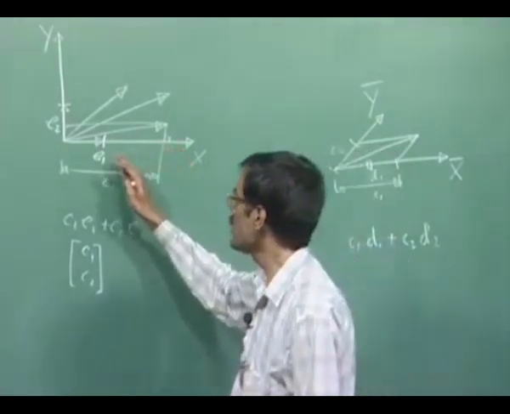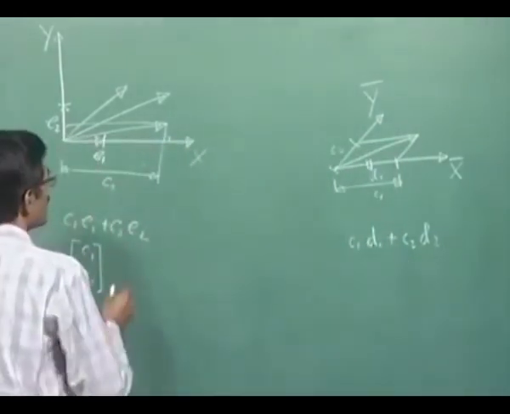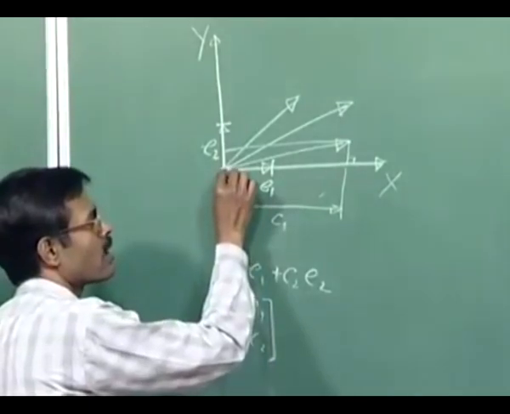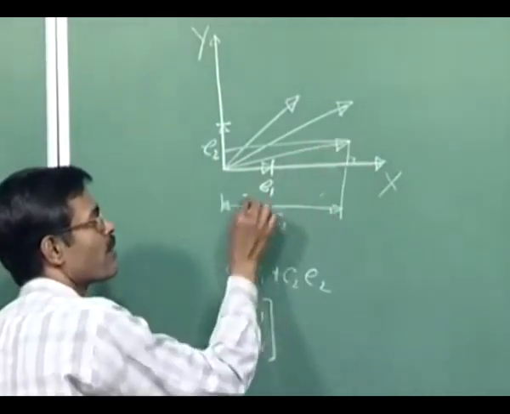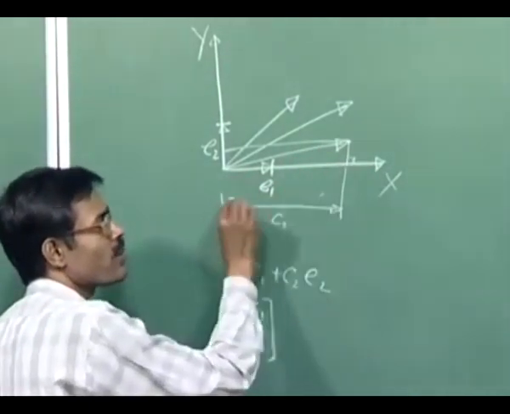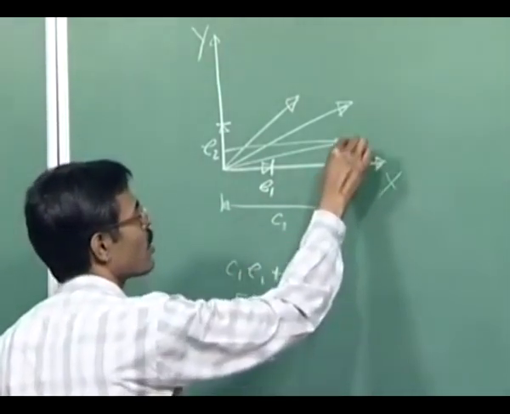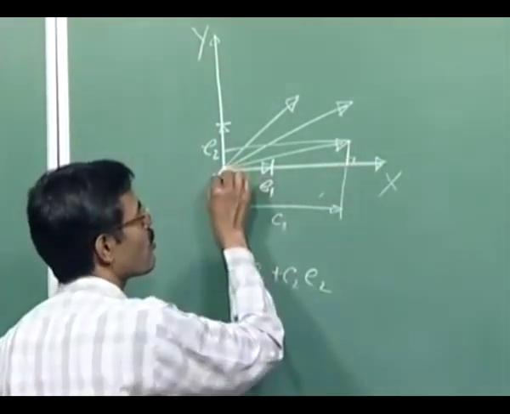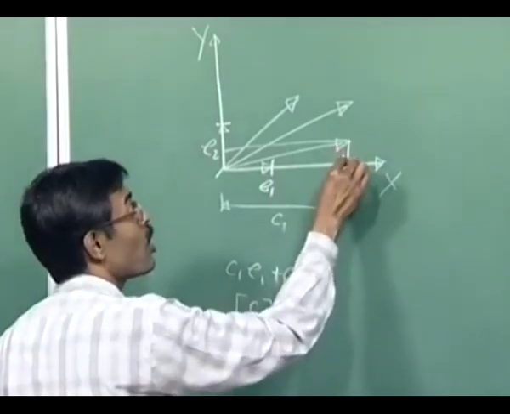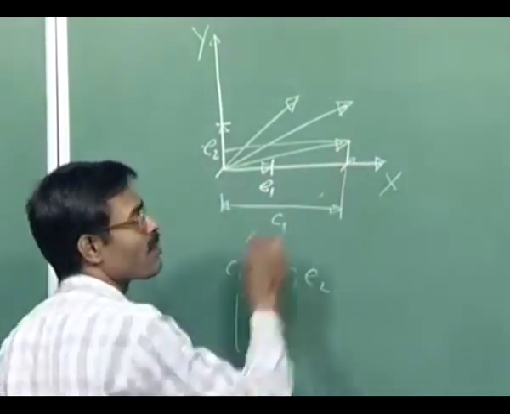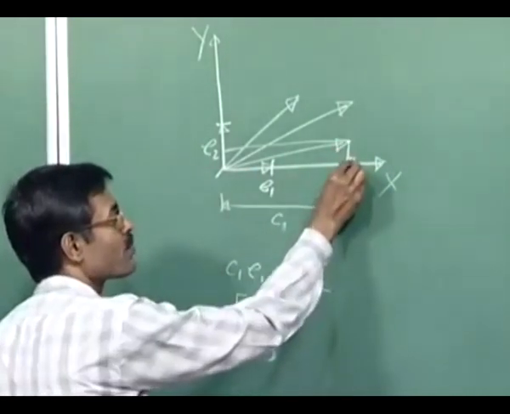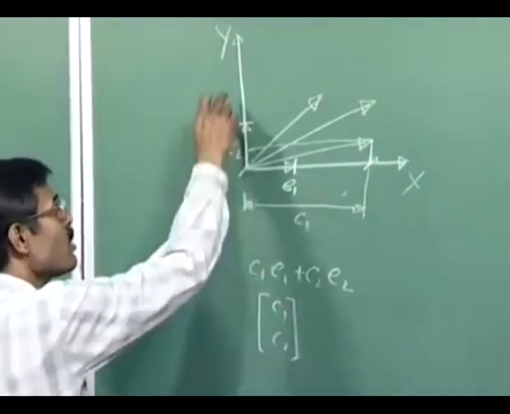In that case, the best representation that this vector can get, if we are going to use only the first basis member, will be C1 E1, because we have this component which is orthogonal, perpendicular to this basis member, without any regard to this.